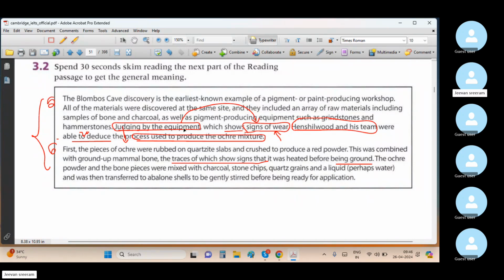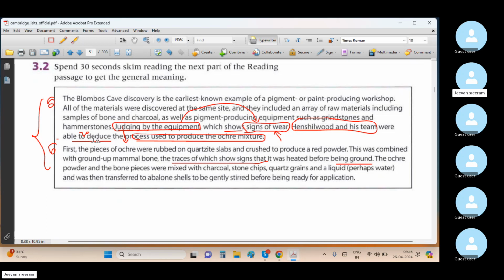Judging by the equipment, based on the equipment, which is actually showing signs of wear. The equipment is actually with some signs of wear. The scientist was able to conclude, deduce means conclude, the process used to produce the ochre mixture, right?